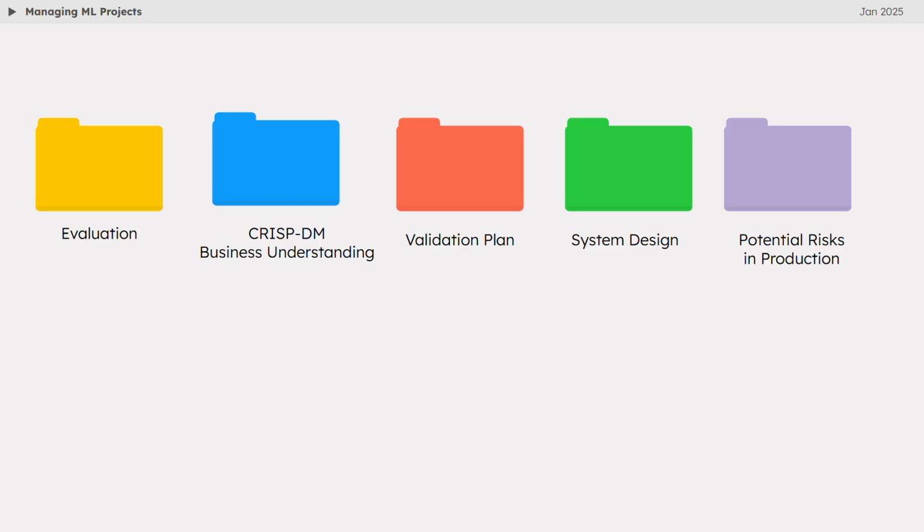I will look at an opportunity evaluation to see if there is an opportunity for a machine learning model that could help. And we'll also leverage this CRISP DM framework to understand the business. The CRISP DM framework establishes a life cycle. It's not linear.